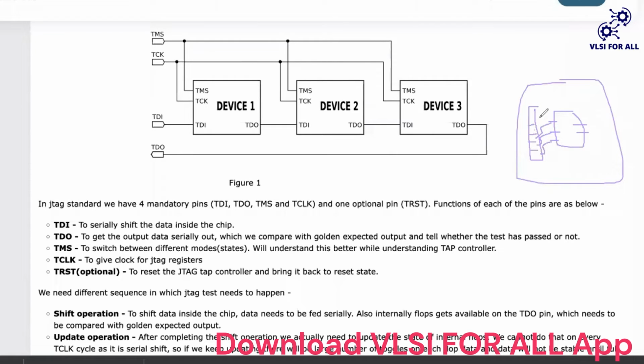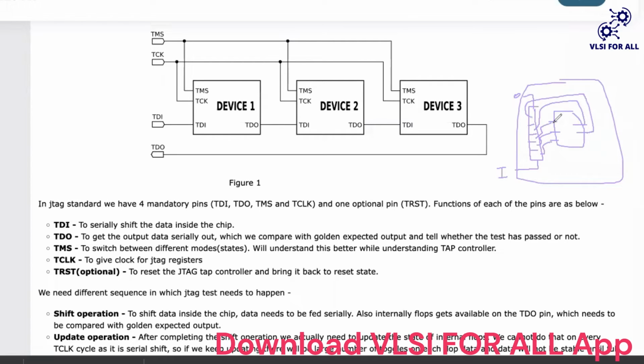Similarly, these all will be connected to this one. So there will be a serial interface. I mean there will be one pin on the chip which will be input, and similarly one corresponding output through which we can control these 5 register bits, or we can observe any of the bits.